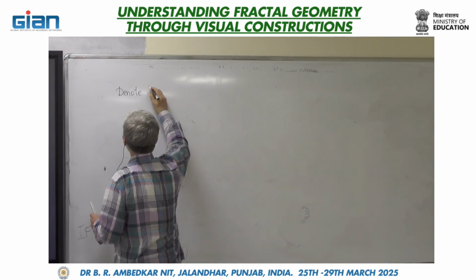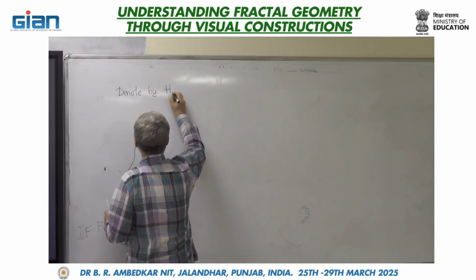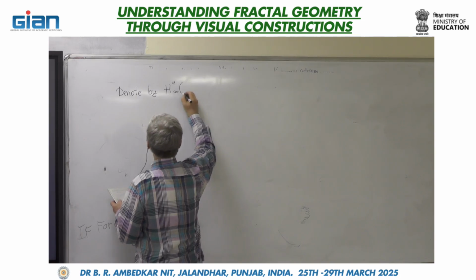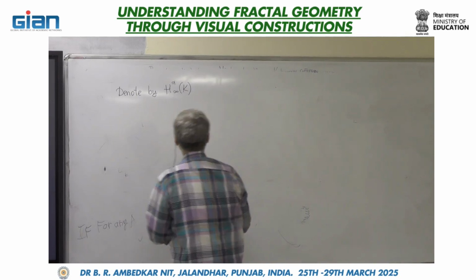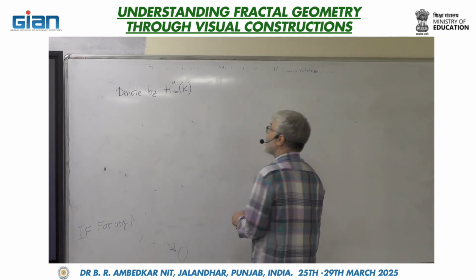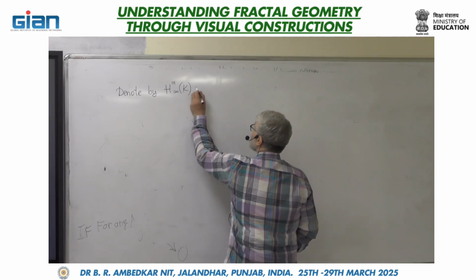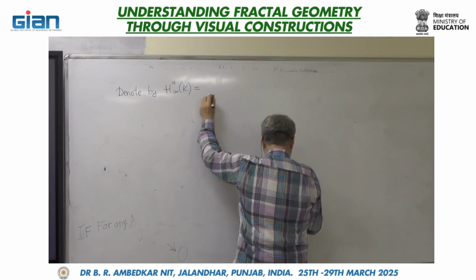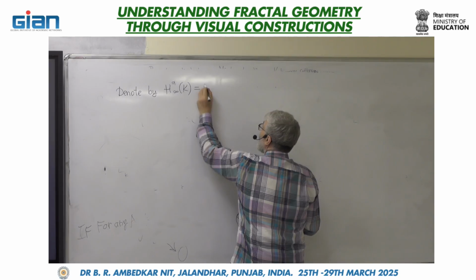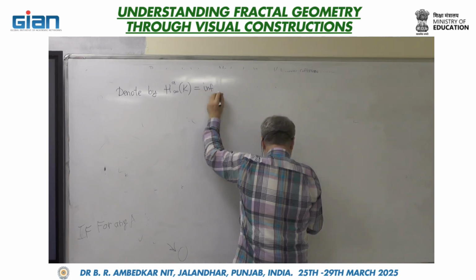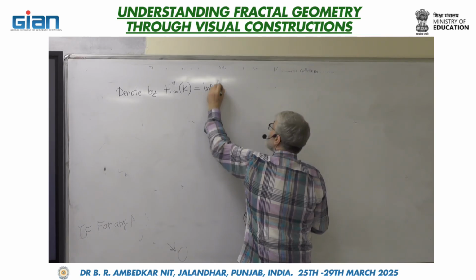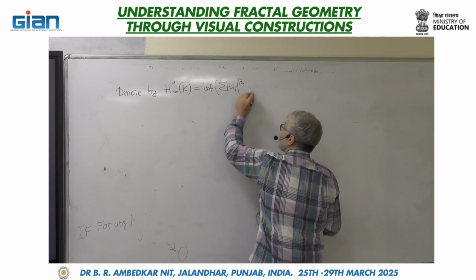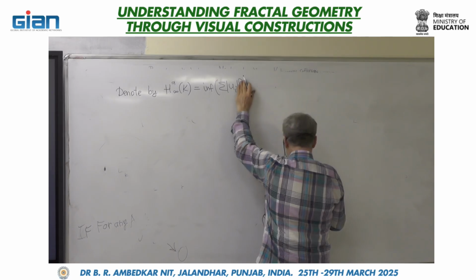Denote by H alpha infinity of K the number which is equal to the following thing. It will be the lower bound of the sum of u_i to the power of alpha.